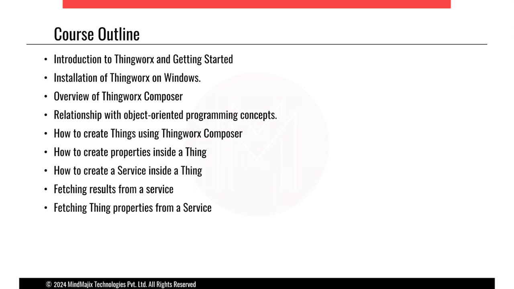Primarily, with respect to object-oriented programming, the thing is an object, so it's an instantiation of a class, we can say. And in a similar way, a thing template is a representation of a class in ThingWorx.